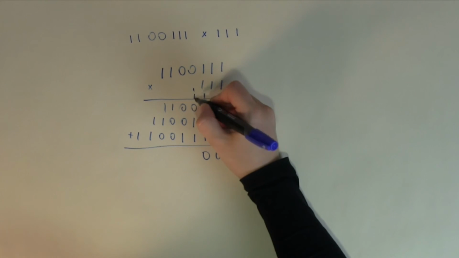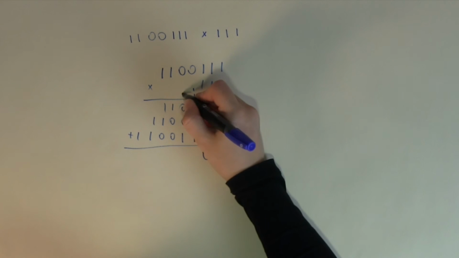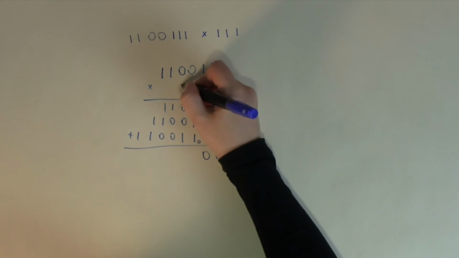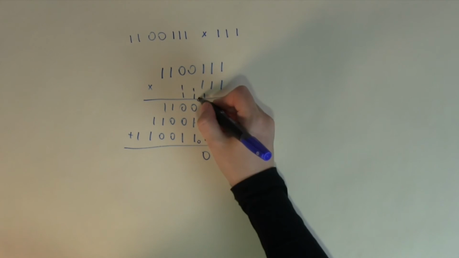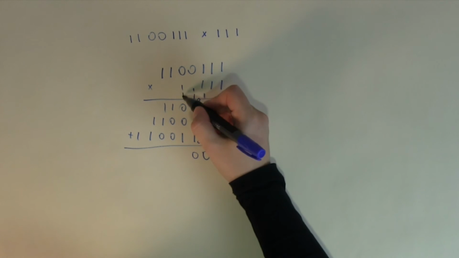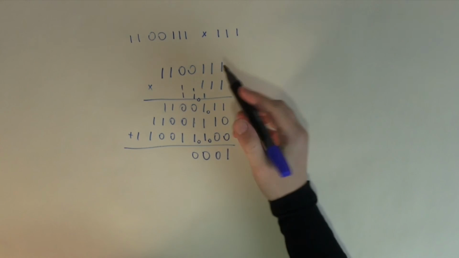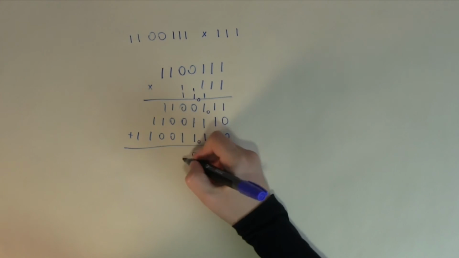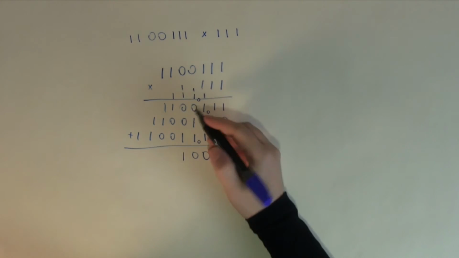So these two give me a 0, I can carry the 1, and these two again give me a 0, so I can carry the 1. So the small zeros add up to 0, and I have got all the carries I need in the next column. So 1 1 1 is 1, carry the 1.